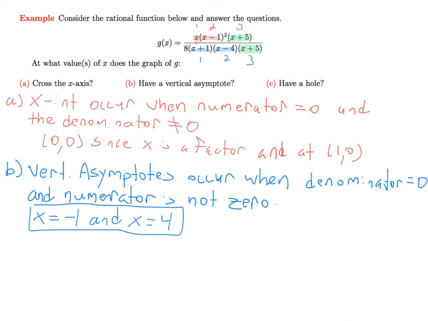So what happens at these common factors is the graph is going to have a hole. So at common zeros, these are values of x that make the numerator and the denominator both equal to 0, the graph has a hole.